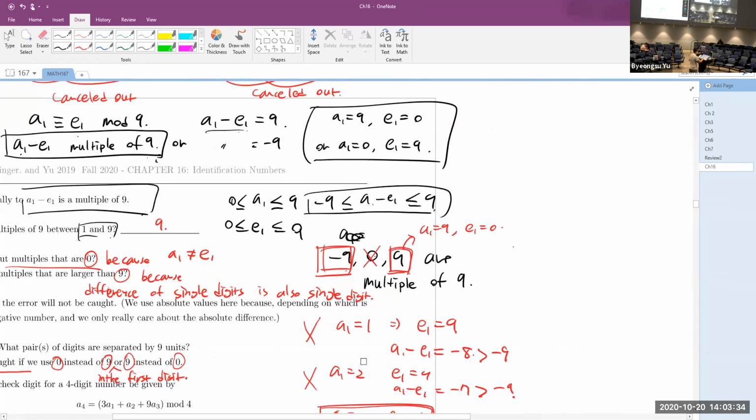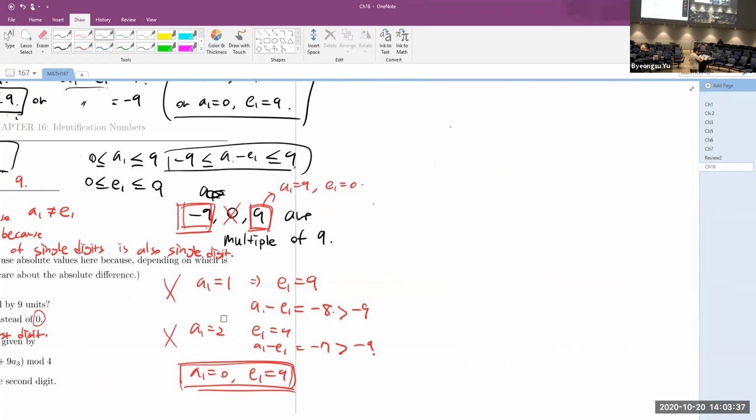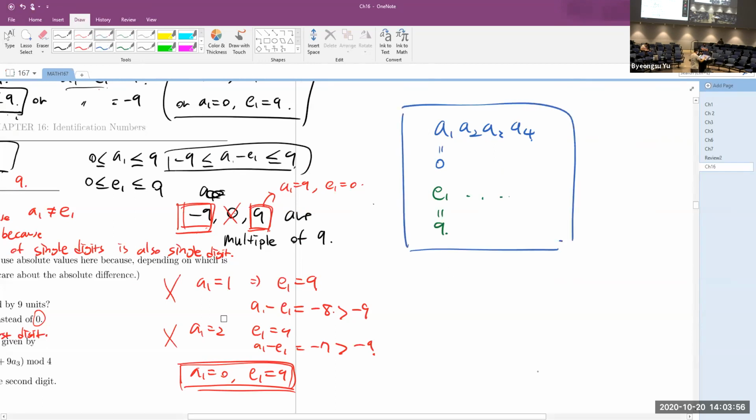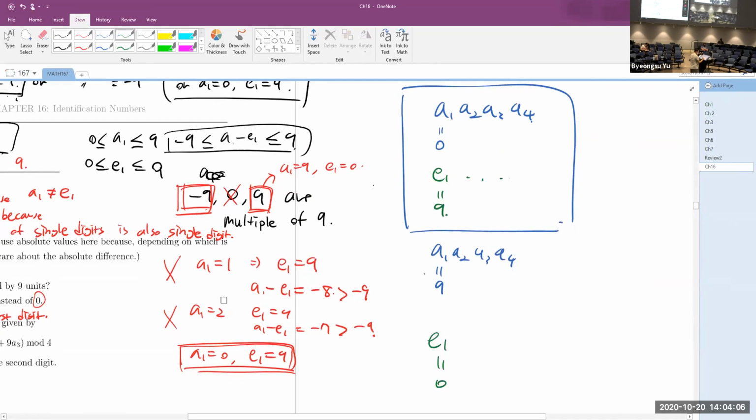So there are several cases of valid numbers, but there are two cases where your valid number A1 is just 0, and when you type, the error number is 9. And the second case is where your A1 is just 9, but your error is 0, right?